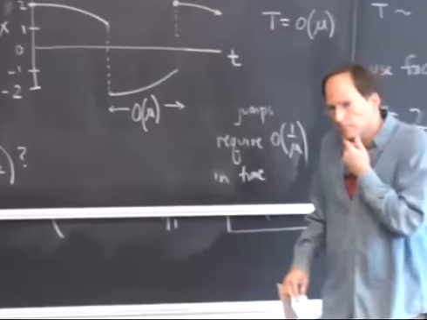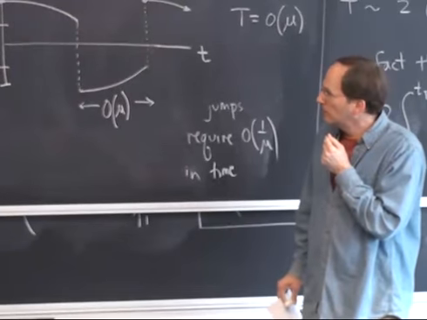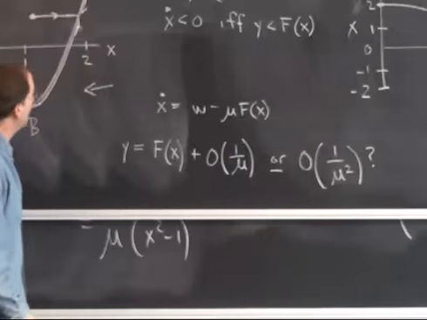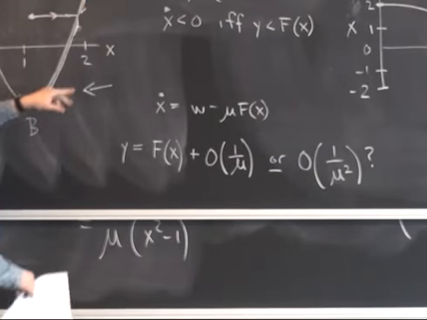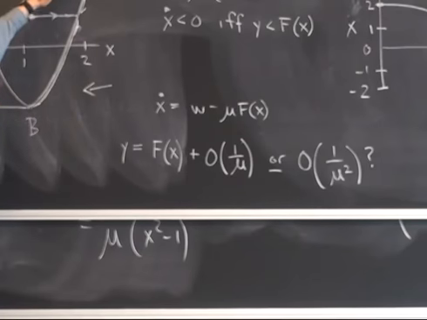As x dot is larger than 0, then W is larger than mu f of x. Well, hold on. If x dot is larger than 0, W would be larger than mu f of x. That's right. But x dot is not positive over here. X dot is negative when we're on the limit cycle. The only place where x dot would be positive would be on this part, or here when we're going up. Yes?